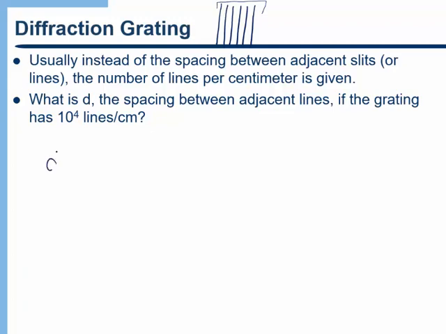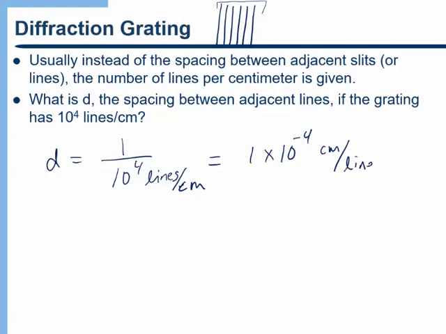If I've got 10 to the 4th lines per centimeter, d would be 1 over 10 to the 4th lines per centimeter. That gives me 1 times 10 to the negative 4th centimeters per line, which is the spacing between the openings.